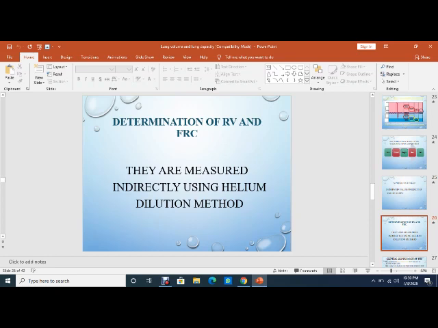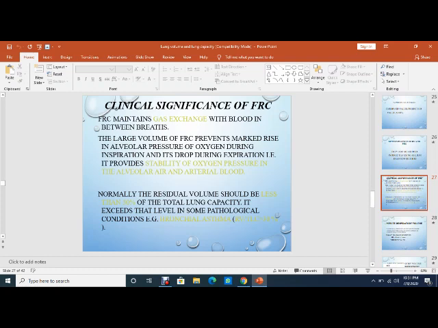Determination of residual volume and functional residual capacity: they are measured indirectly using the helium dilution method. The functional residual capacity and residual volume cannot be measured by spirometry, so they can be measured by the helium dilution method. Clinical significance: functional residual capacity allows gas exchange with blood in between breaths.